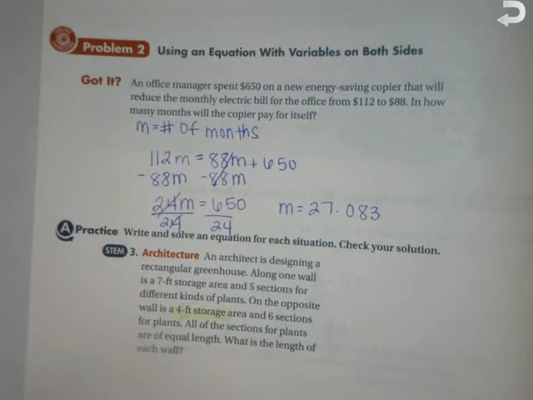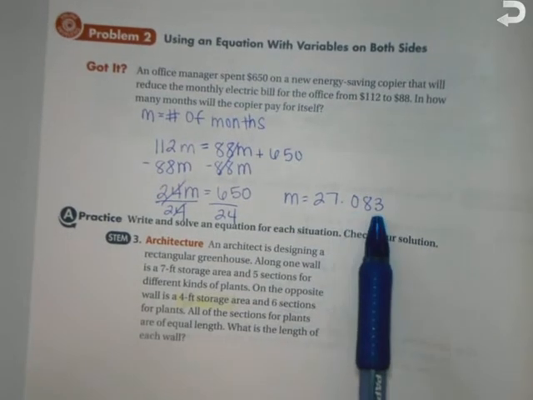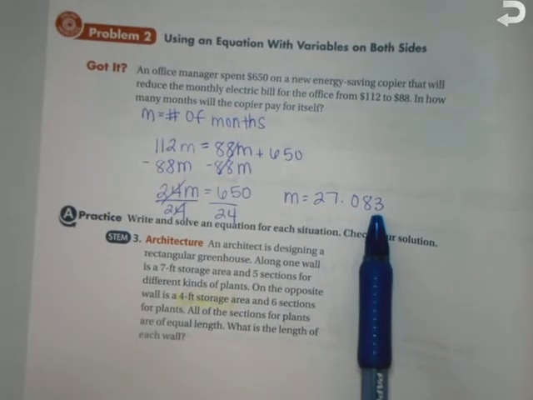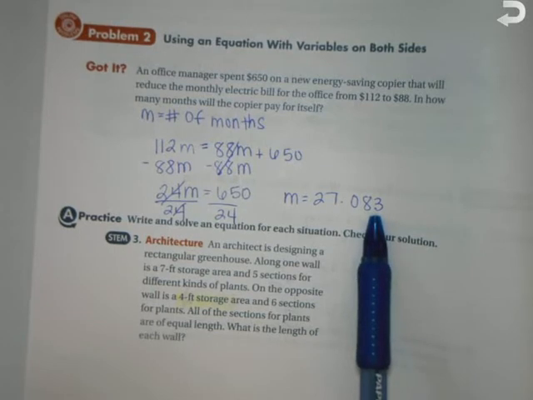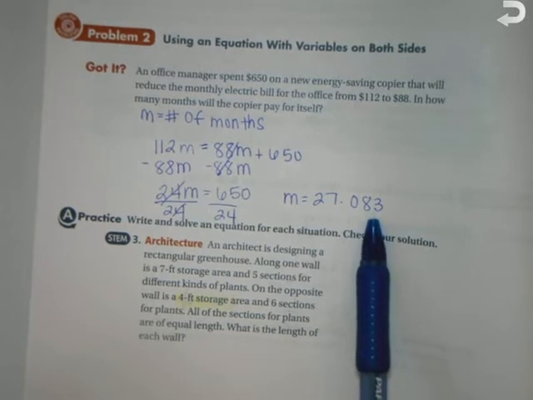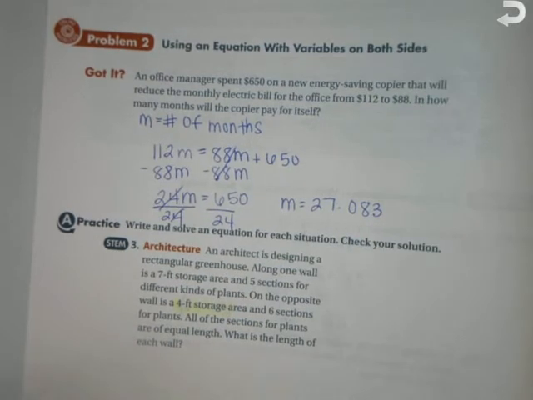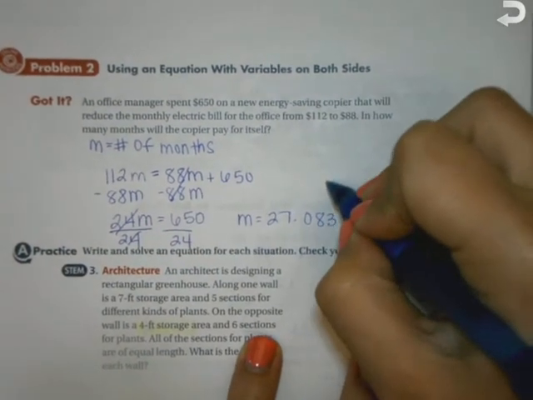However, 0.08 of a month, that's like a day, less than a day. So technically we could say about 27 months.